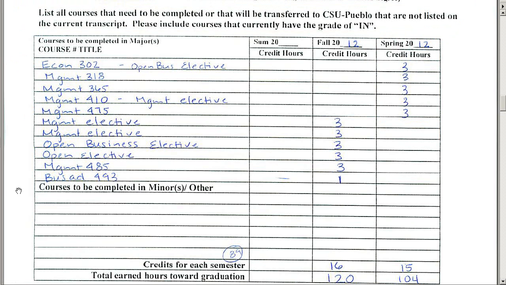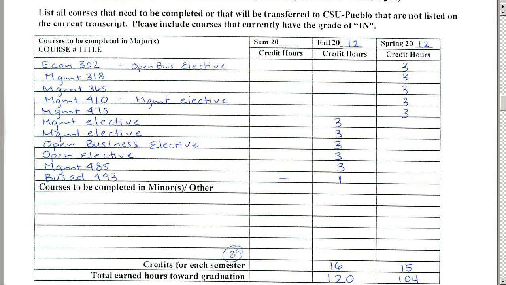At this point in the process, all that is remaining to do is list the courses that need to be completed in order for the student to be degree complete. At the top of the list are the courses the student is currently enrolled in that are necessary for graduation. They are listed under the Spring 2012 column. Also coming to a total of 15 credits, and then adding that to the existing 89, the student has 104 credits.